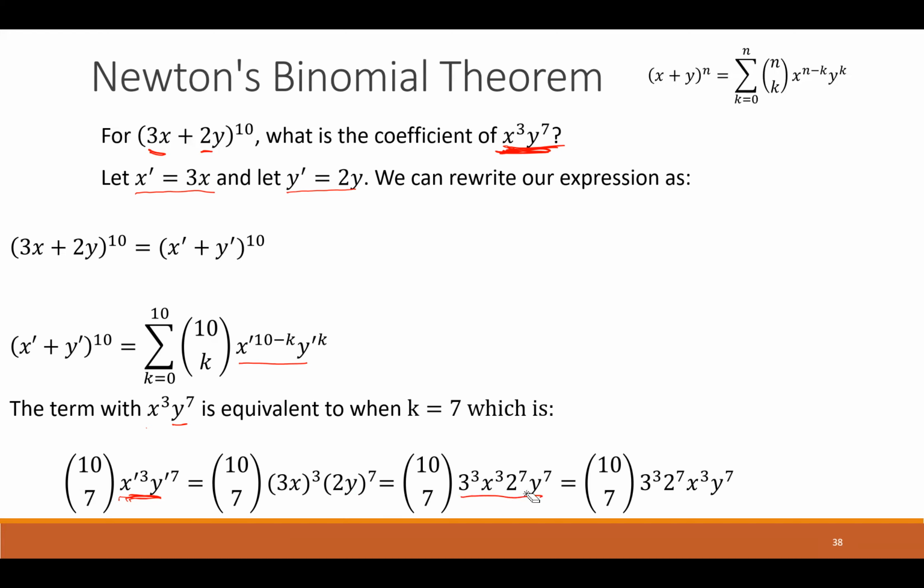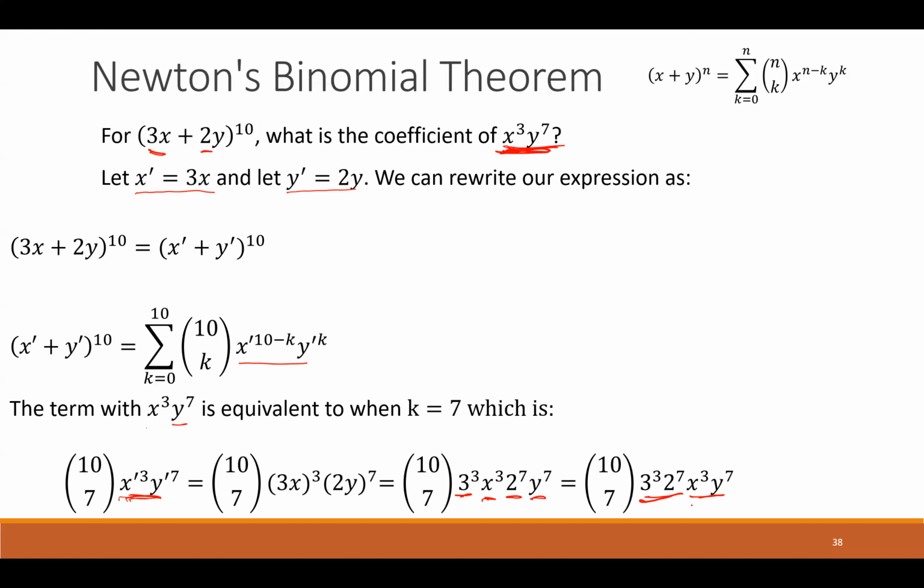Since this is multiplication, it's commutative, so I can move these around however I like. So first I multiply out this exponent to the 3 and to the x and to the 2 and to the y. And then I move my constants and I gather my variables together.